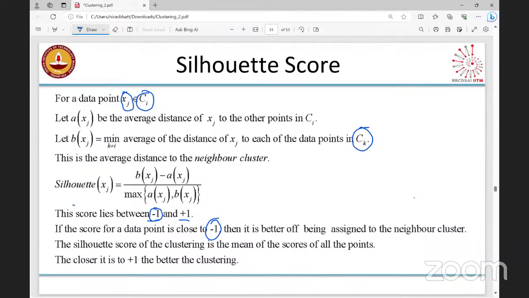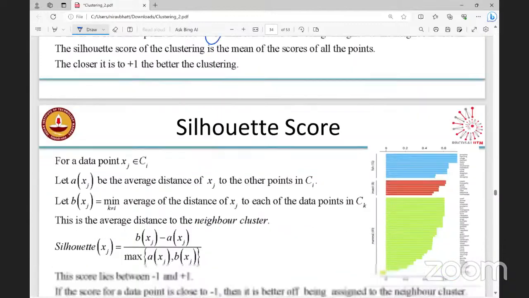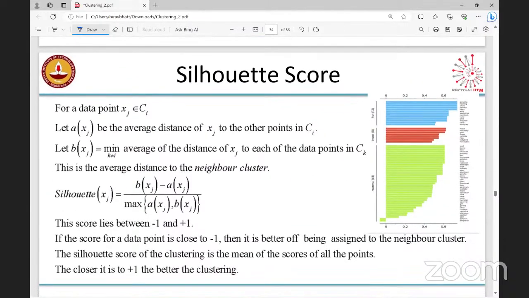For each data point, if you look at the silhouette score and it's close to 1, then we have a better clustering. If it's very far from 1, then we have a rather poor clustering, and we have to go back and see what's happening within each cluster. Here I have given the silhouette score for different points. Here you can see certain points in a cluster that have negative scores.